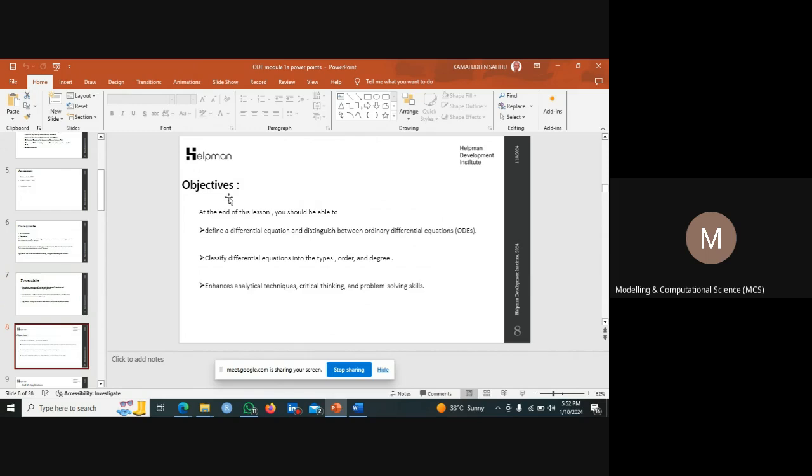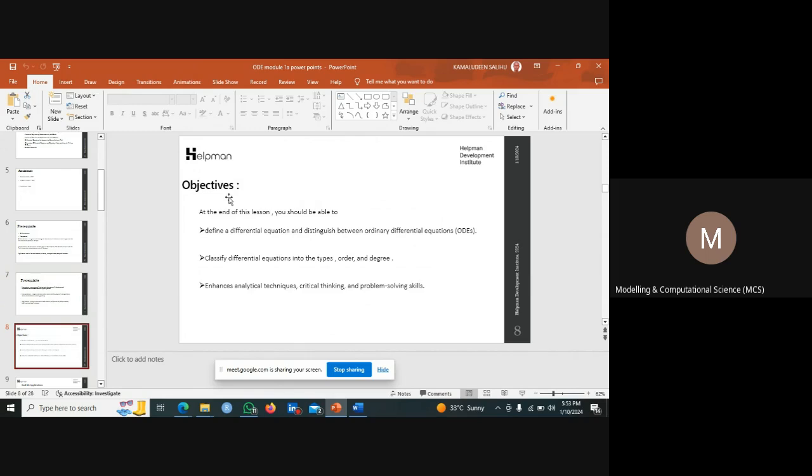The objectives of today's lesson are these. At the end of the lesson, you should be able to know the definition of a differential equation and distinguish between ordinary and partial differential equations. Number two, to be able to classify differential equations into types: order, degree, linear, and so on.